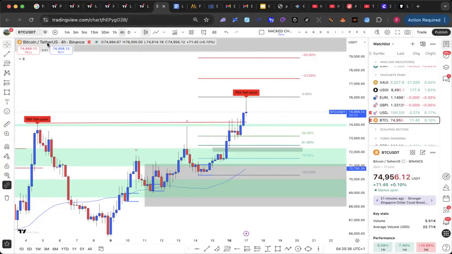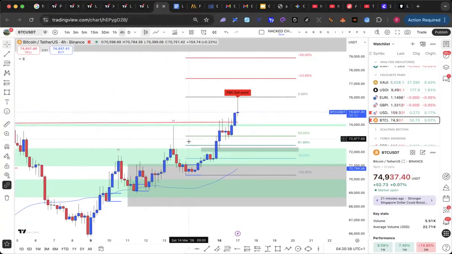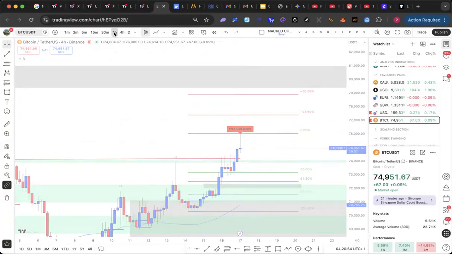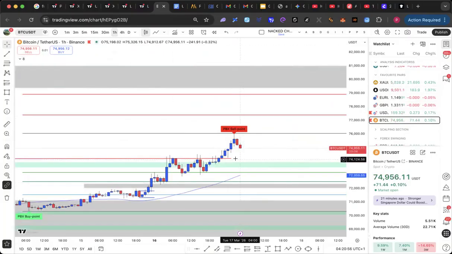Okay, here we come. So there we come here as a fair value gap and on top of a support. So at the end of the day, if you look at it here, getting close to this fair value gap. So you go back to 1 hour time frame. And they're very lovely.